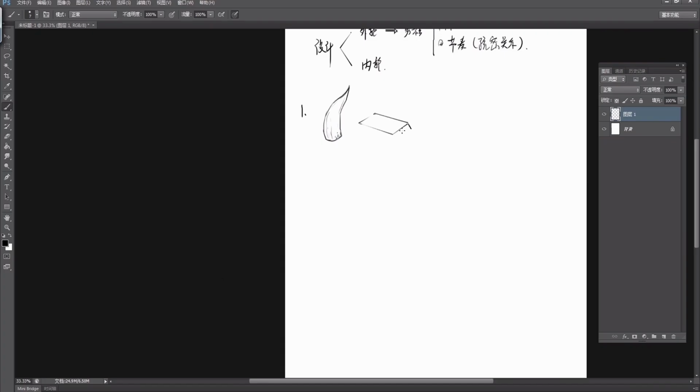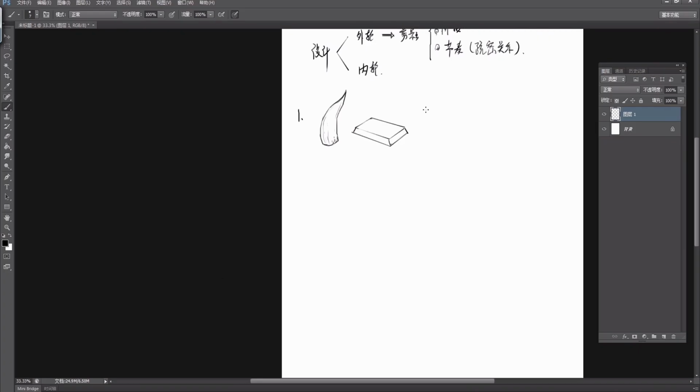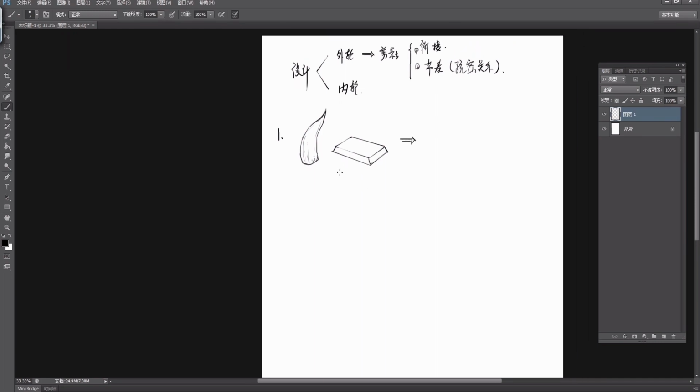Let's paint a table. Then let's integrate them. Guess what will happen to them after integrating?